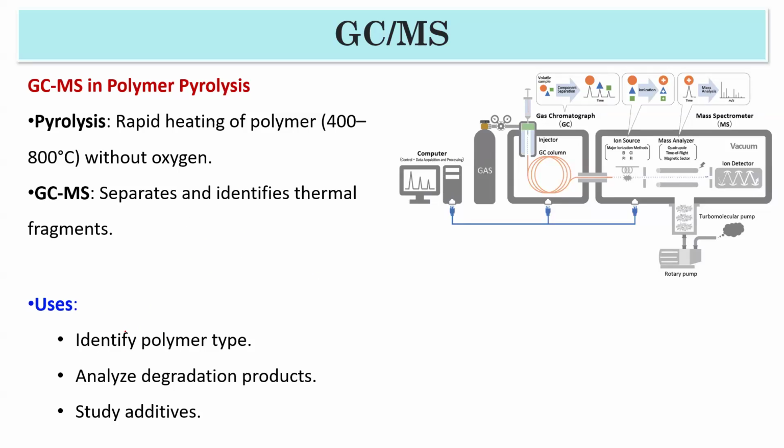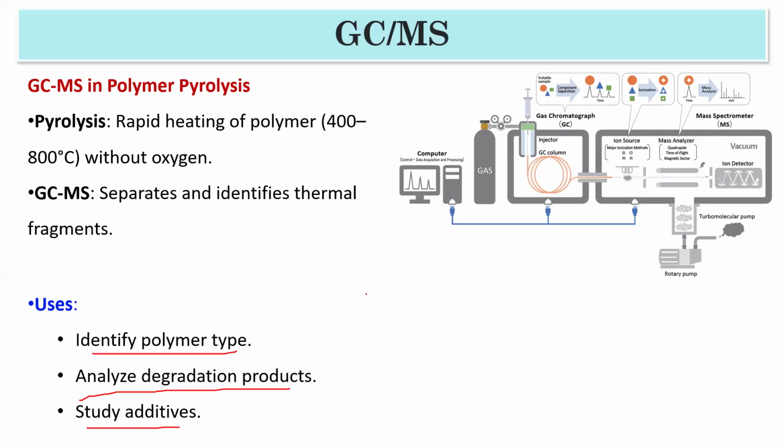It can be used to identify the polymer type, and it can also tell you the degradation products. For example, with P3HT you may get thiophene. It can also tell you the additives. Sometimes when you synthesize a polymer, for example by Suzuki coupling, you may have a palladium catalyst present in your polymer.